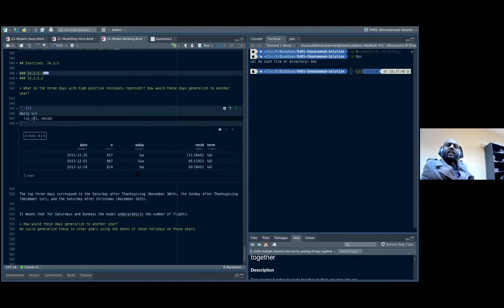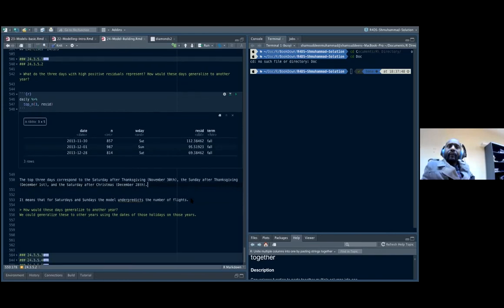So we have high residuals. It is telling us that the model underpredicts the number of flights. So the model doesn't perform well on these days, because if the model performed well, we would not have such high residuals. So what do the 3 days with high positive residuals represent? These days represent these days. And how would these days generalize to another year?